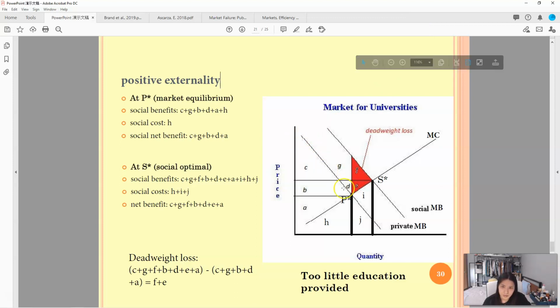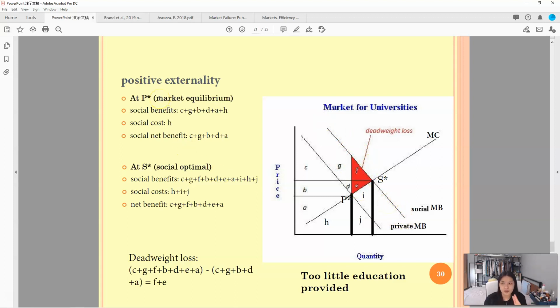So from the private view, the marginal benefit line would be this one, the first downsloping line. But from society's perspective, the marginal benefits line would be this one, the upper downsloping line.